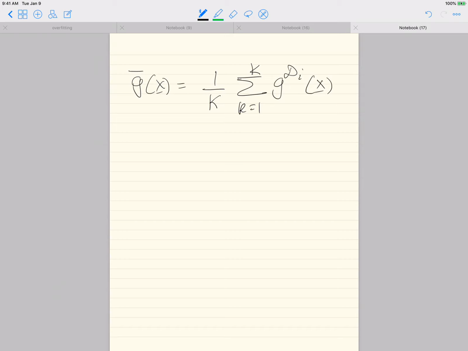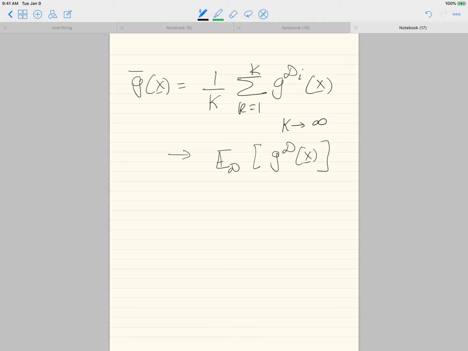So this is the average across the outputs in each of the K data sets. And you do this as K goes to infinity. So you take a large number of such copies and train it. So as K goes to infinity, this will converge to the expected value over D of G^D of x.